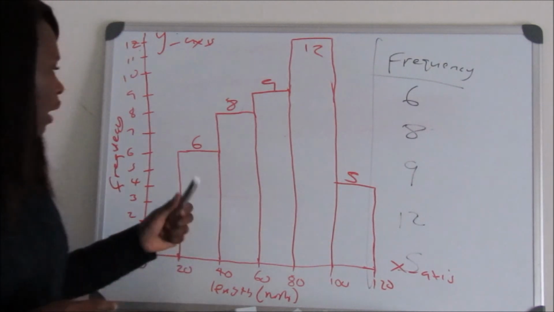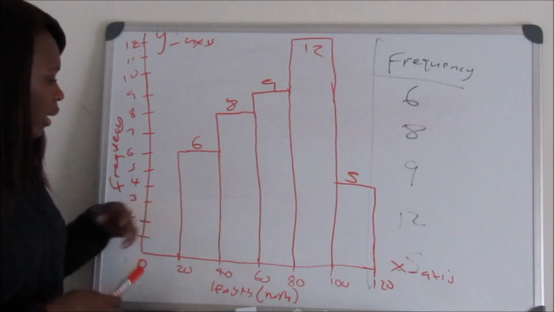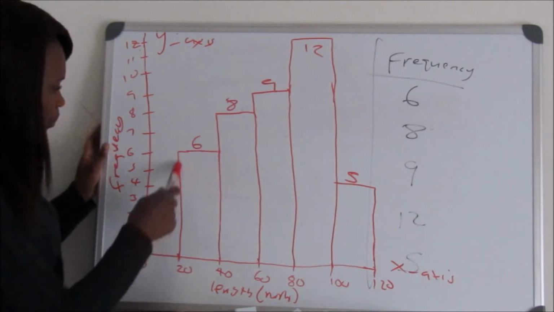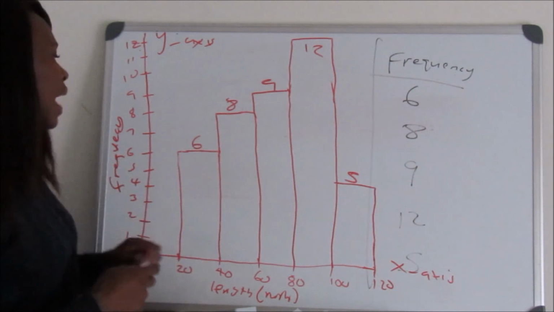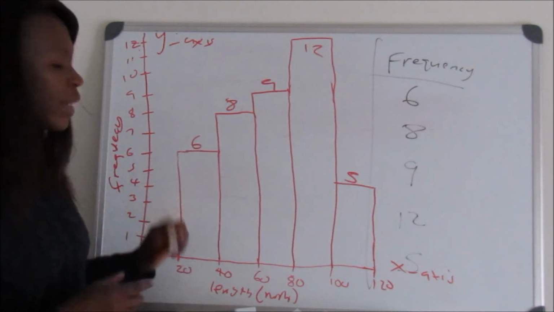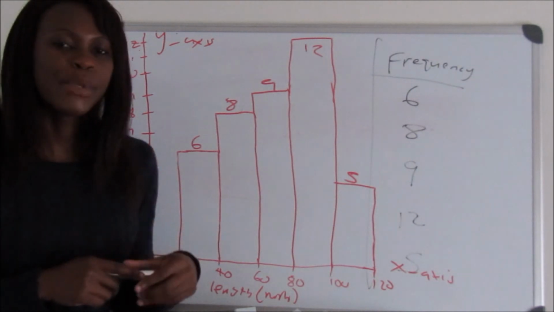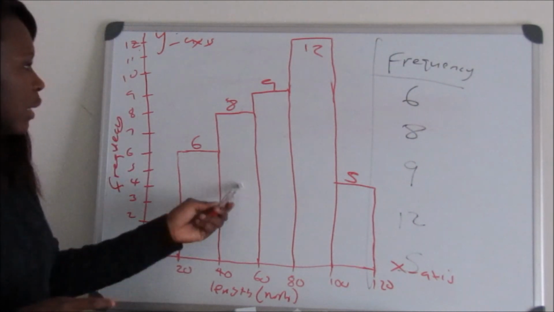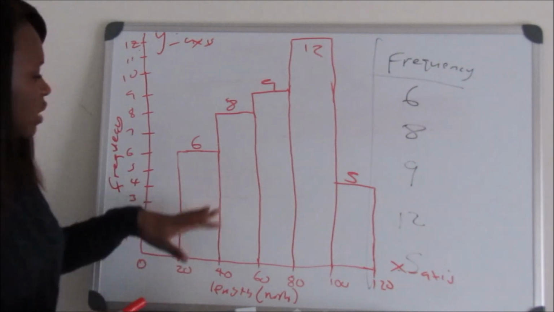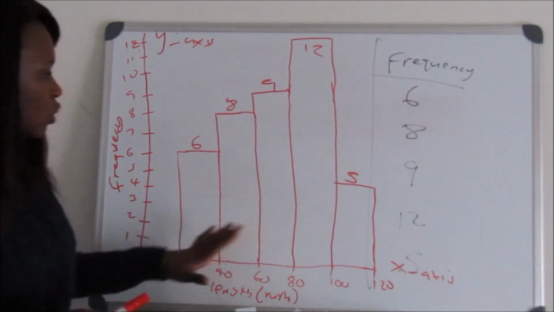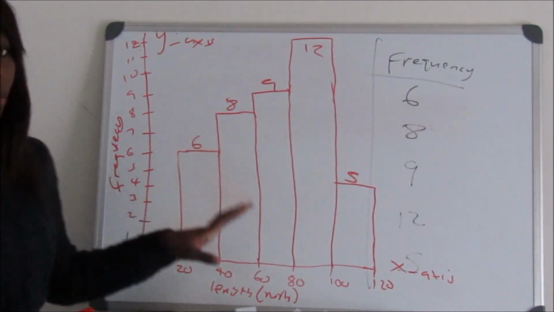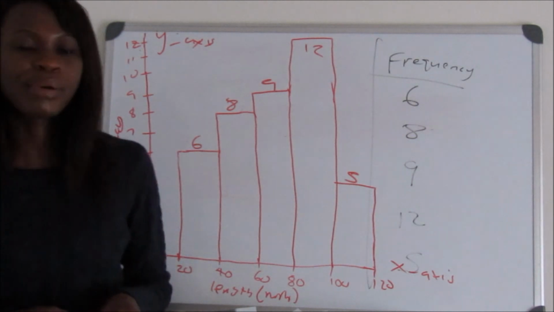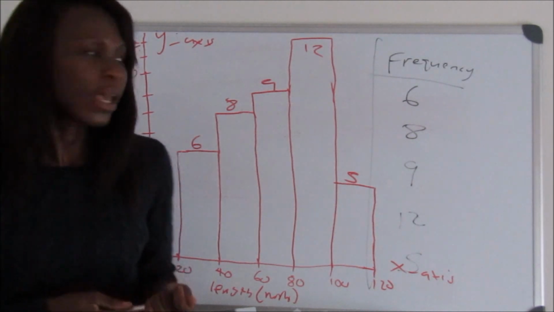When drawing the bars, the first bar and the second bar, there should not be space between the bars, and the bars must be of the same width. It's just that the bars I've drawn here are not to scale, but if you draw according to scale, you will see that the bars should be of the same width.